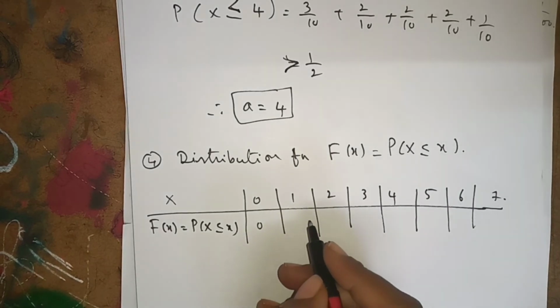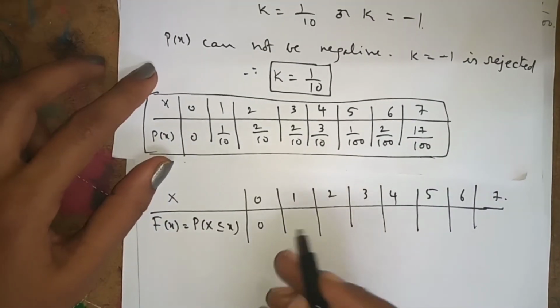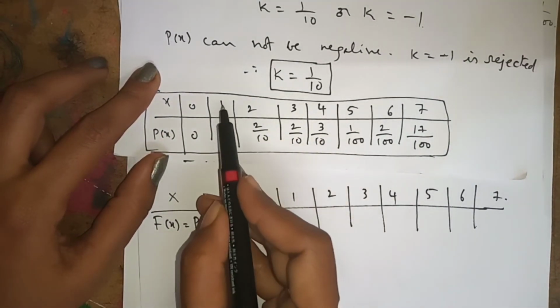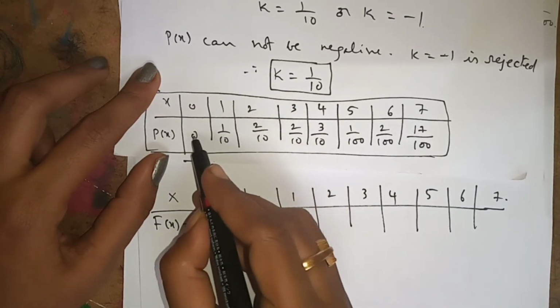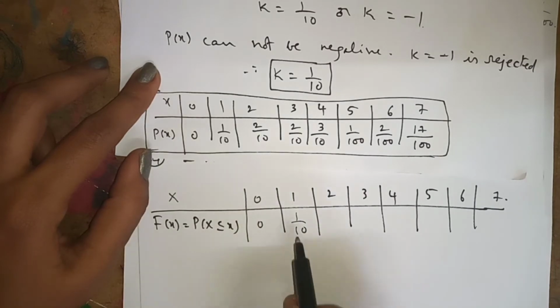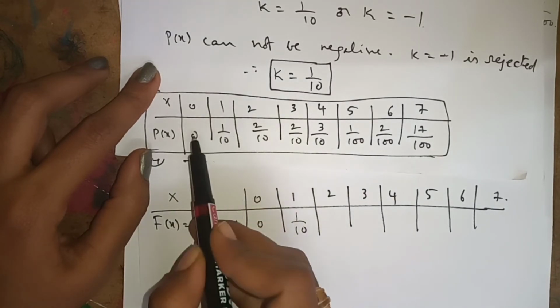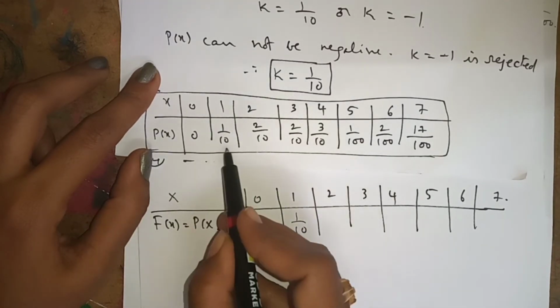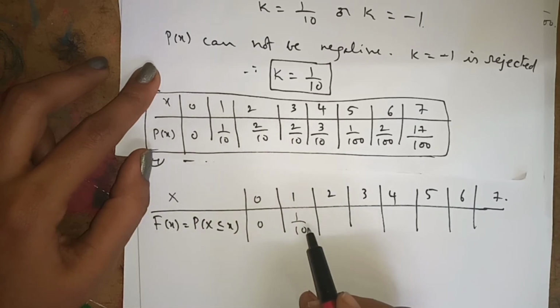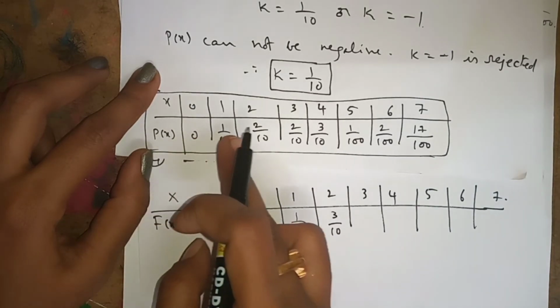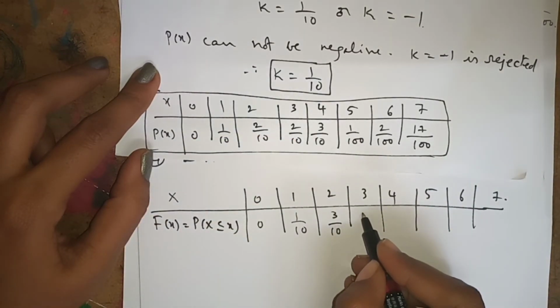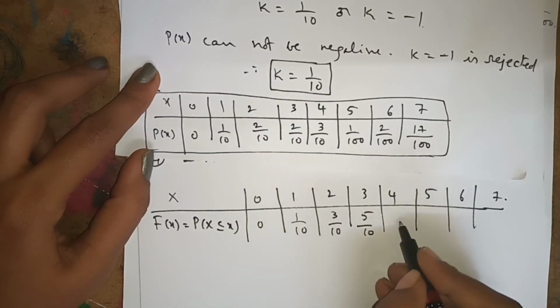For the second value, 0 plus 1 by 10, first one plus second one. For the third value, first one plus second one plus third one, how much will you get? 3 by 10 cumulative. For this one, 1, 2, 3, 4, add all these, how much will you get? 5 by 10.